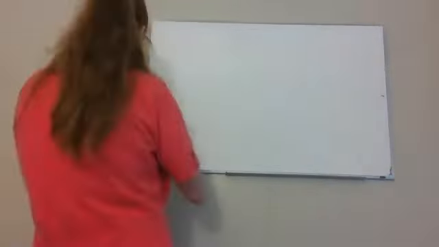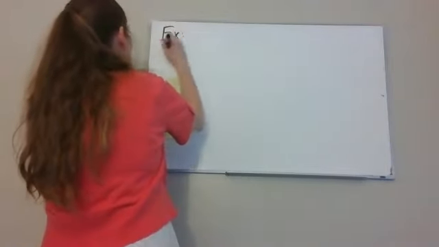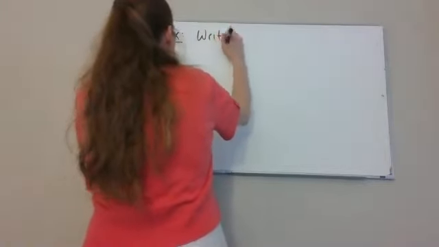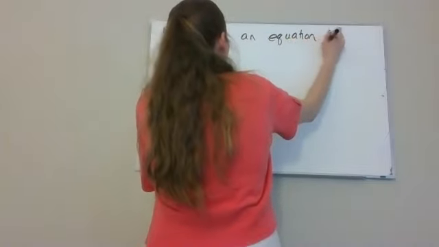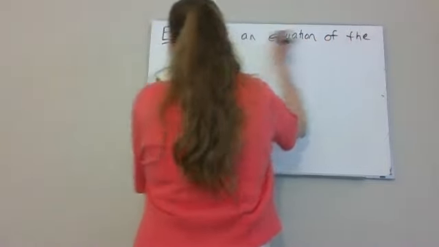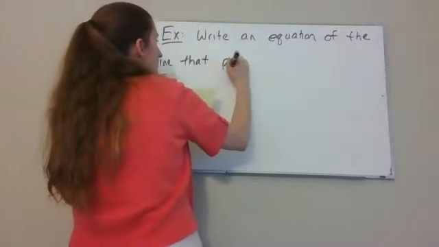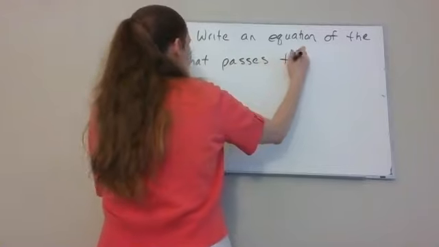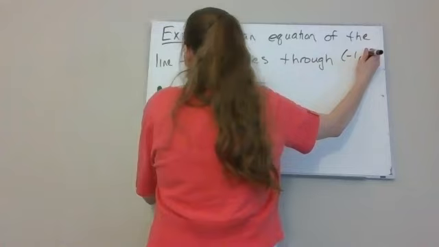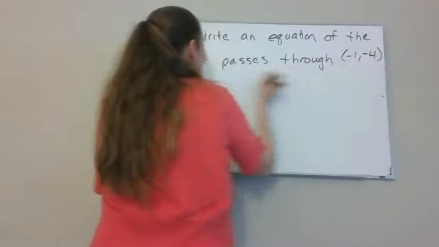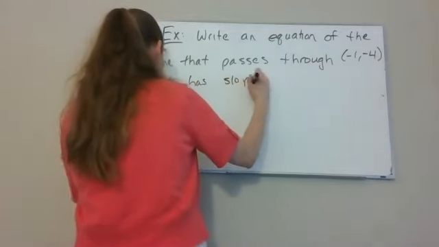All right. Let's do an example. Write an equation of the line that passes through the point -1, -4, and has slope 3.